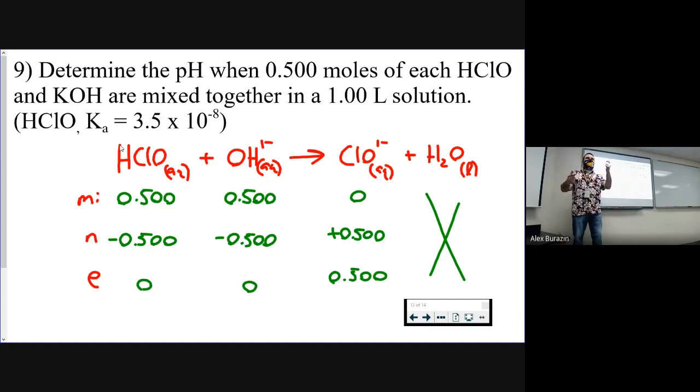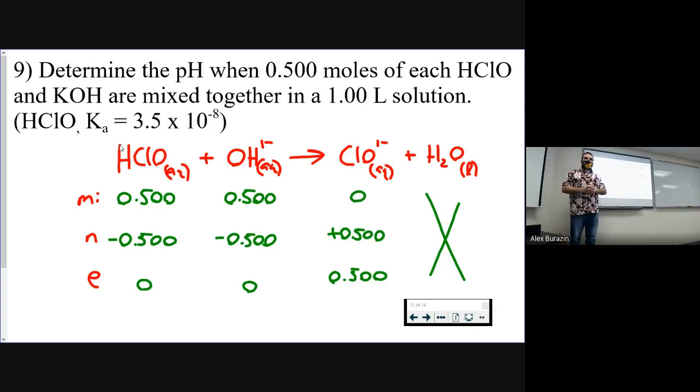If the cation of your salt came from a strong substance, the cation is neutral. If the anion of your salt came from a strong substance, the anion is neutral. This came from a weak acid. Therefore, this is also weak. This is a weak base. What we have right now is a weak base in solution.